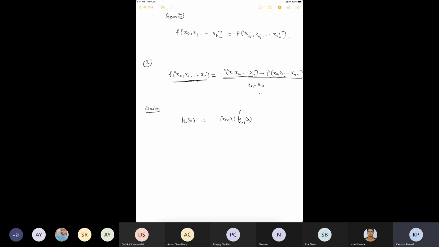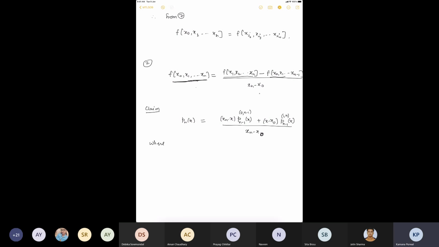I will be taking the indices from 0 up to n minus 1. And then I have the term x minus x naught times again an interpolating polynomial of degree n minus 1, which takes the indices from 1 to n, divided by xn minus x naught.